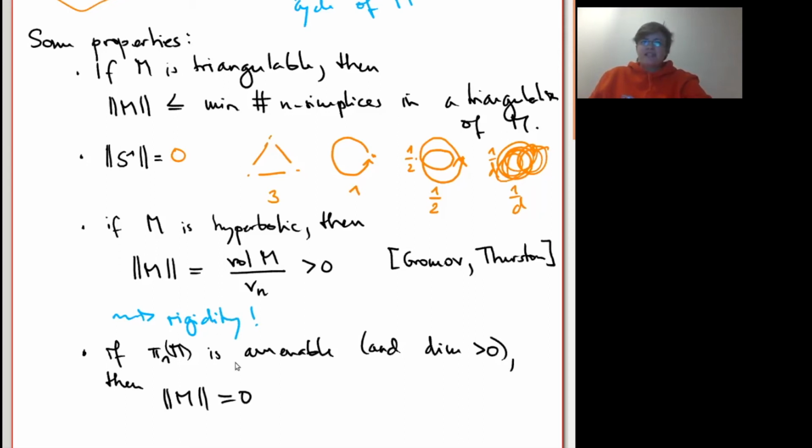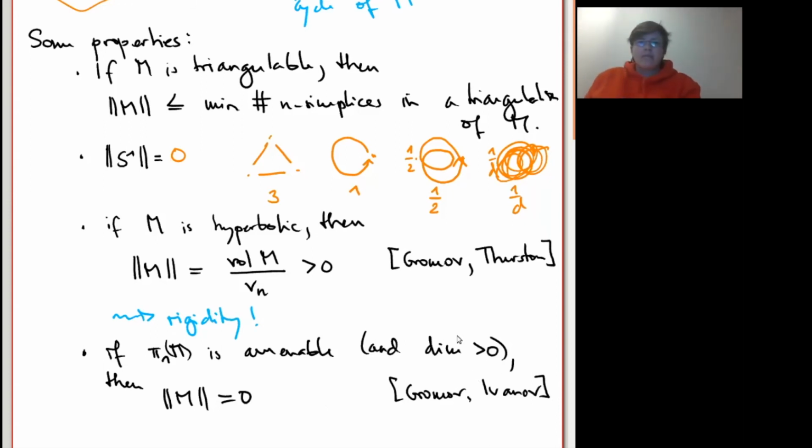So this is a vast generalization of this S1 case, right? I mean, pi_1 of S1 is just the integers. That's an amenable group, and it holds for all amenable groups. This is a very, very strong statement, and this goes back to Gromov, and Ivanov gave an alternative proof with more algebraic methods.